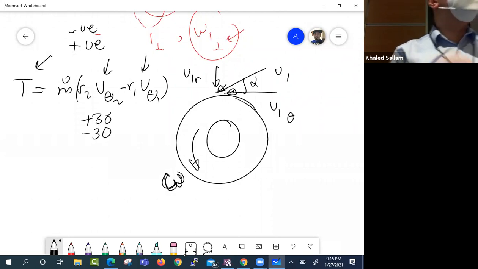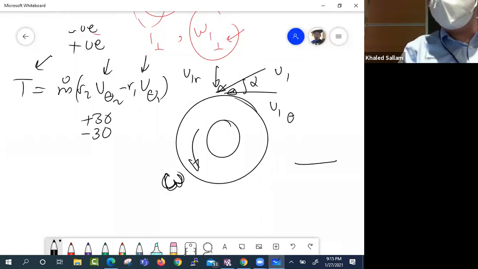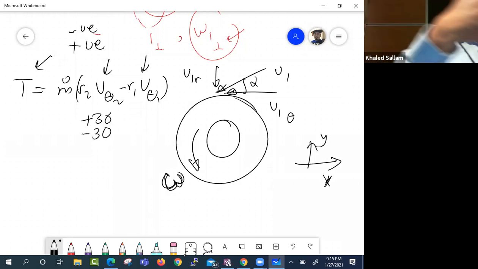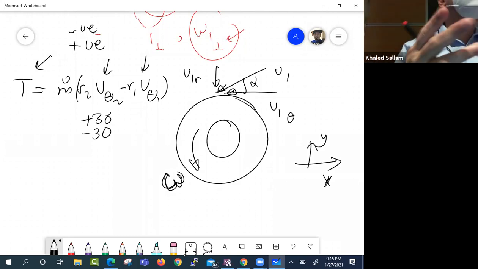How do you determine this? If this was just linear motion, we would say, well, here is the x direction, and anything in that direction is plus. If the velocity is moving against the x, it's negative. But when things rotate, we need to define what is the positive rotational direction.